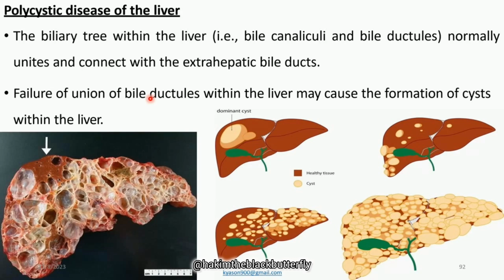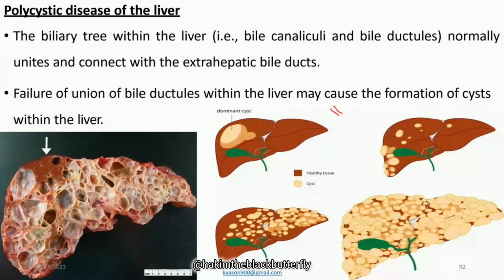But if these small bile ductules don't fuse, they remain within the different parts of the liver without communicating with the rest of the biliary system. And remember, let's say if this is our small bile duct, it has different cells that lie in it.